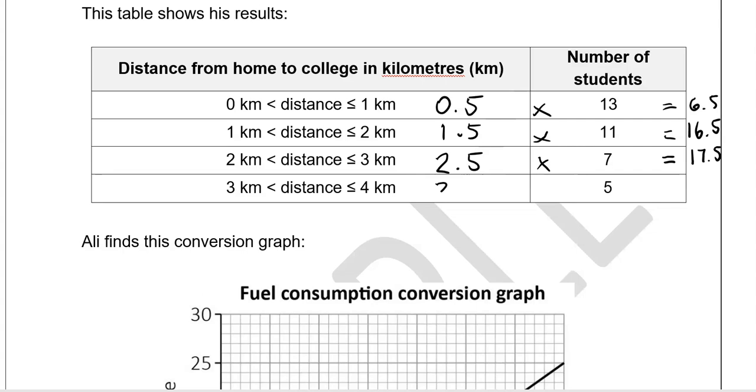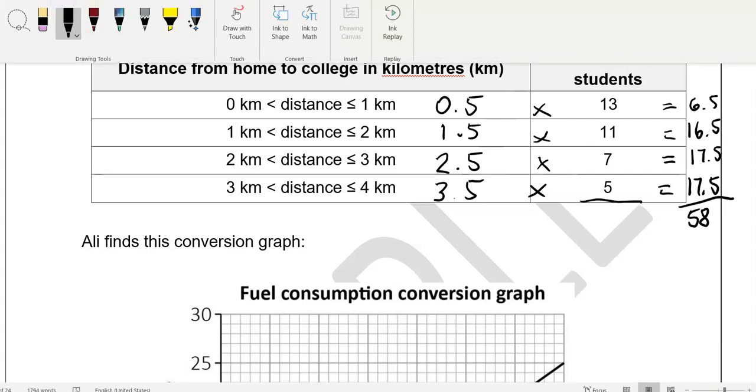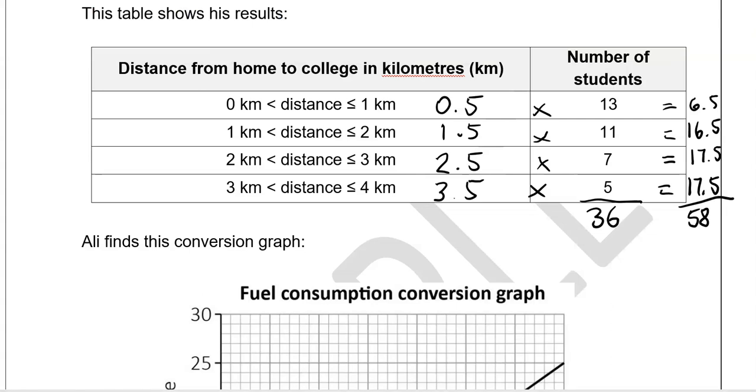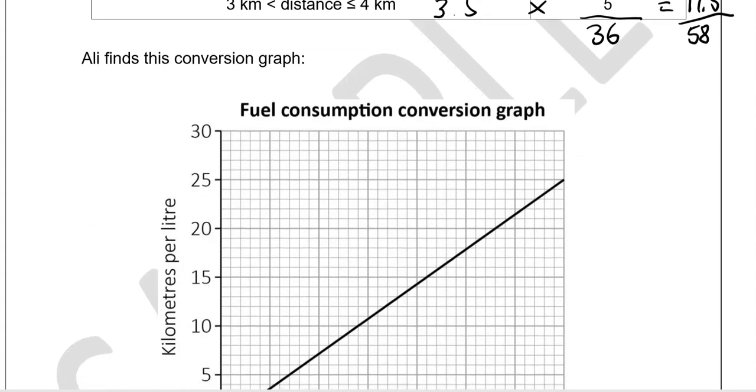Between 3 and 4 we get 3.5 times 5 gives us 17.5. So adding all of these together gives us 58, which we're going to divide by the number of students in total. And that is 36. So 58 divided by 36 will give us the estimated mean of kilometers.